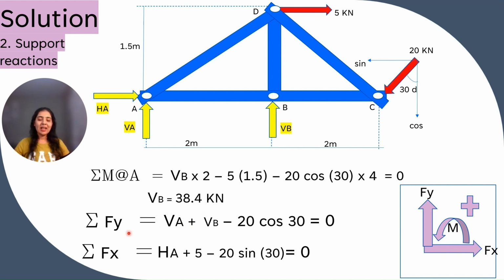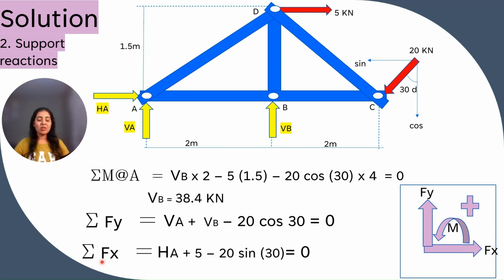Now we will apply the second equilibrium equation, summation of Fy equal to 0, to this whole truss. So let's apply. Va will be positive as it is in the positive y direction. Vb, and this component we have is in the downward direction, so minus 20 cos of 30 degrees is equal to 0.